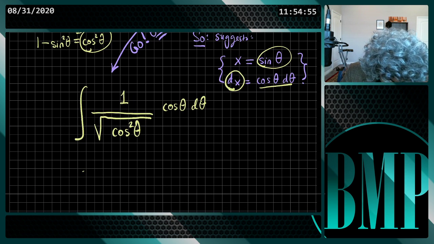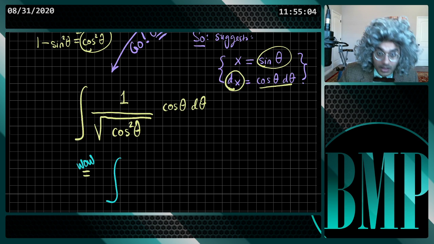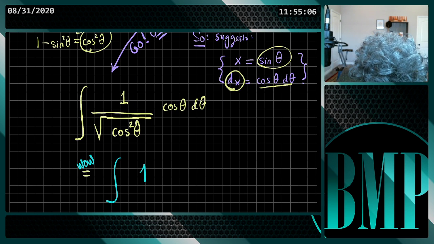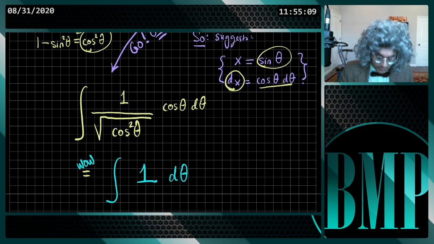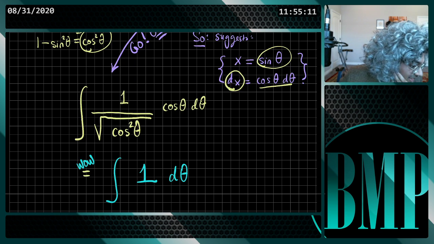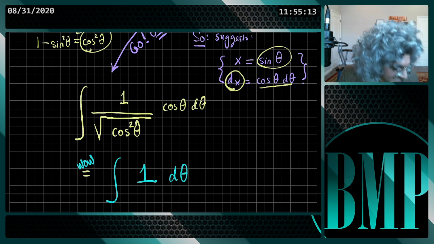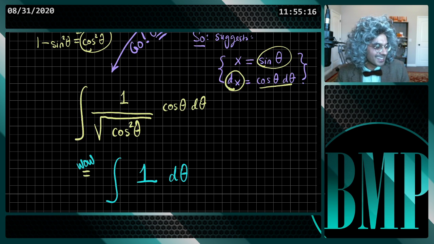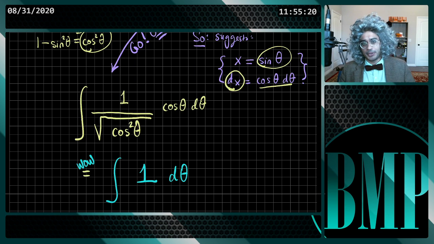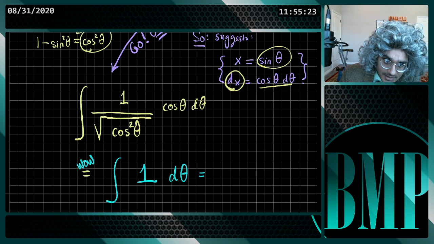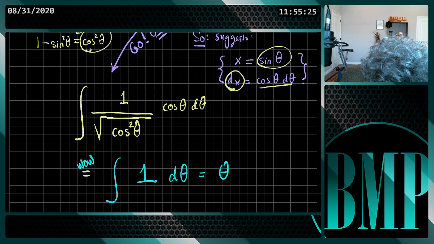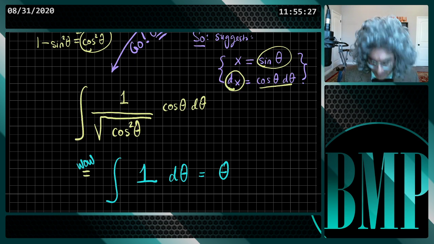All right, and then you just do, oh my God, amazing, wow, brilliant. Amazing cancellation. Massive cancellation, huge conspiracy. All right, and you get theta plus c.